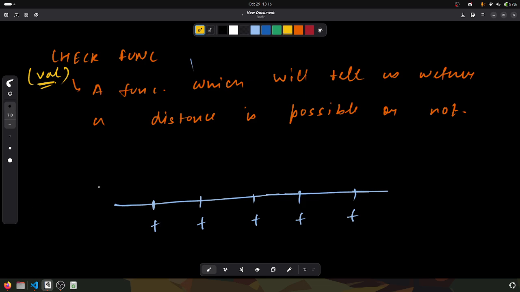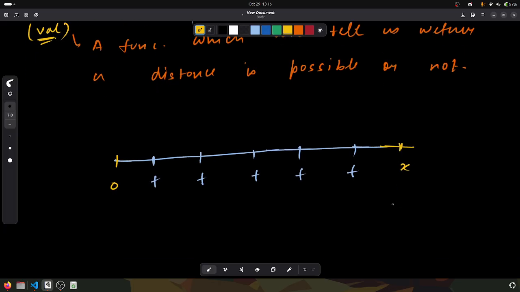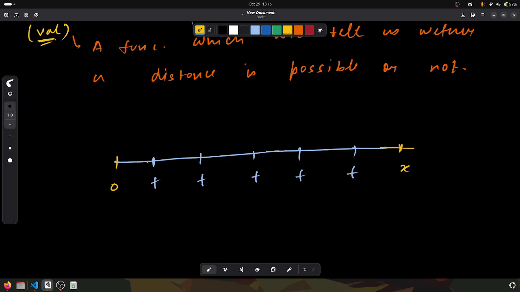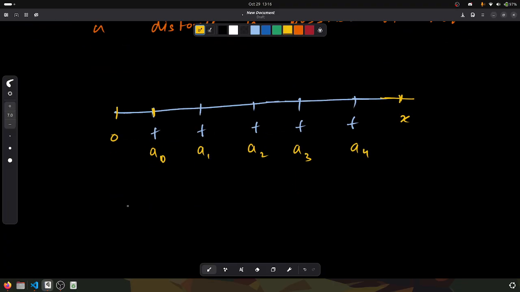So here will be 0 and here will be x. Let's mark these indexes as A0, A1, A2, A3, A4. So here is 0, here is A0, and somewhere in between there might be A0 minus val.